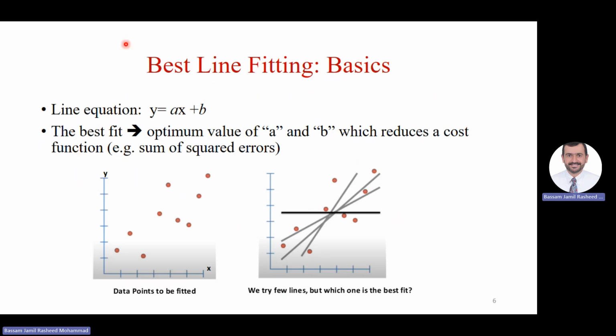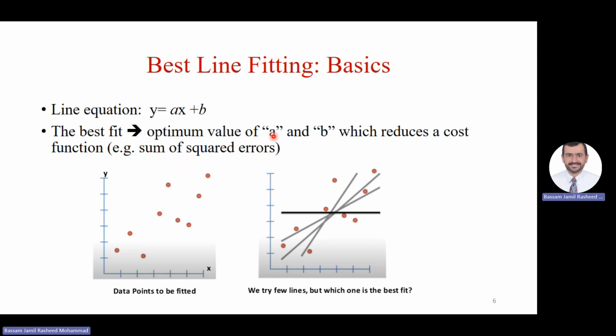So in here we will use the squared errors as guidance, and we'll talk about them in a second. The sum of the squared errors is my cost function that I need to minimize. Obviously, if I want to do best line fitting here, I'll try multiple lines, as it shows here, until I find the best line that really optimizes a and b.